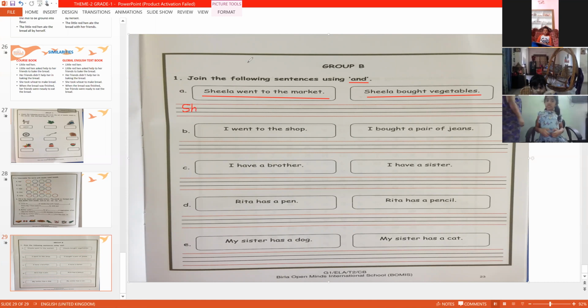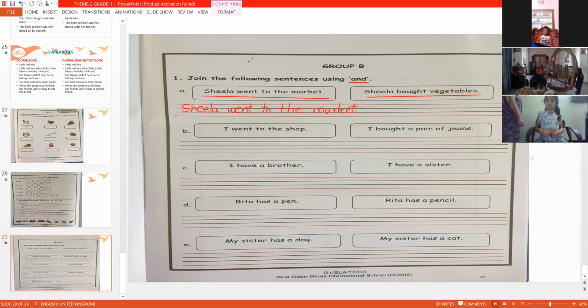Sheila went W-E-N-T, went to the market. M-A-R-K-E-T, market.